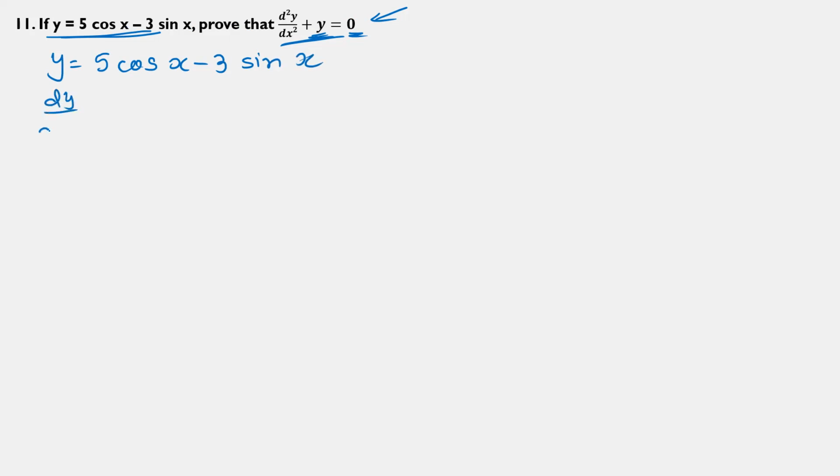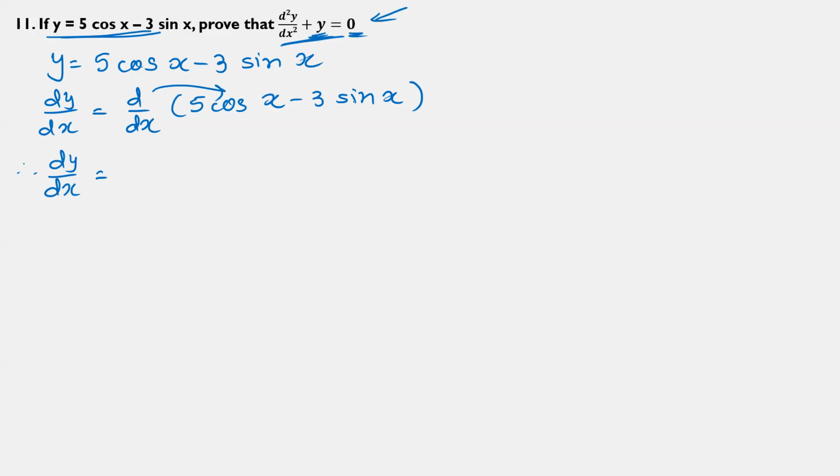First order derivative, dy by dx, both sides. d by dx of 5 cos x minus 3 sin x, addition rule, so 5 as it is, but cos x will give minus sin x, so minus 5 sin x, minus 3 sin x ka cos x. I'm just applying directly. It's just cos x ka minus sin x. Well, it is x only, so no need to do the chain rule. It's direct. Let's do second order derivative.